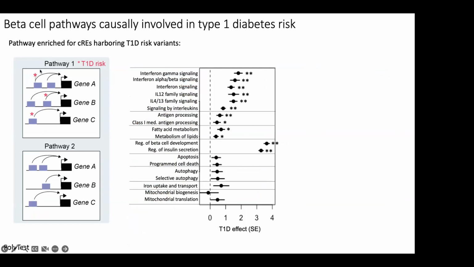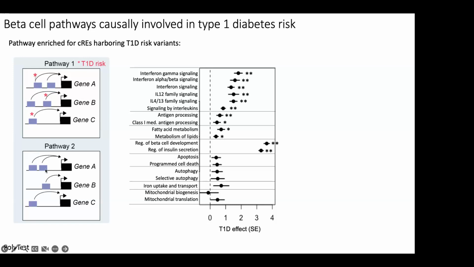And so to do that, we defined cis regulatory elements that are predicted to regulate genes in each of these pathways, and then asked whether these elements are preferentially harboring risk variants associated with type 1 diabetes. So on the top left here, this pathway would be enriched for type 1 diabetes risk because these elements are preferentially harboring disease risk variants. On the bottom left here, this would not be involved in type 1 diabetes risk because there's no risk variants for type 1 diabetes in these regions, right?